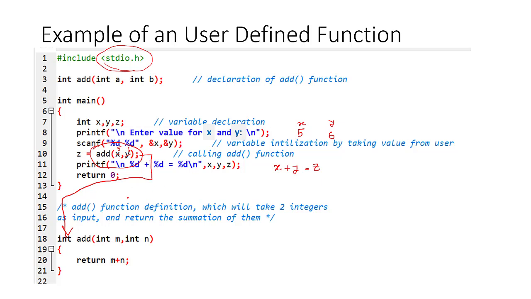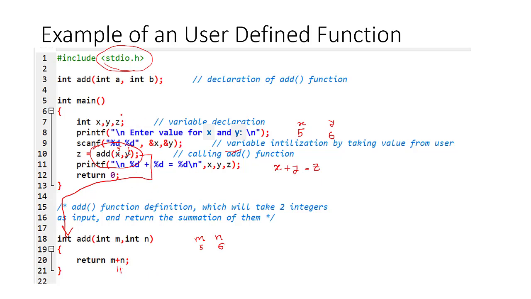Now in the add function, we are storing the value of x in m. The m will have the value of 5 and the n will have the value of y, which is 6. Then we are returning the value of m plus n, that is 11, to the calling function.